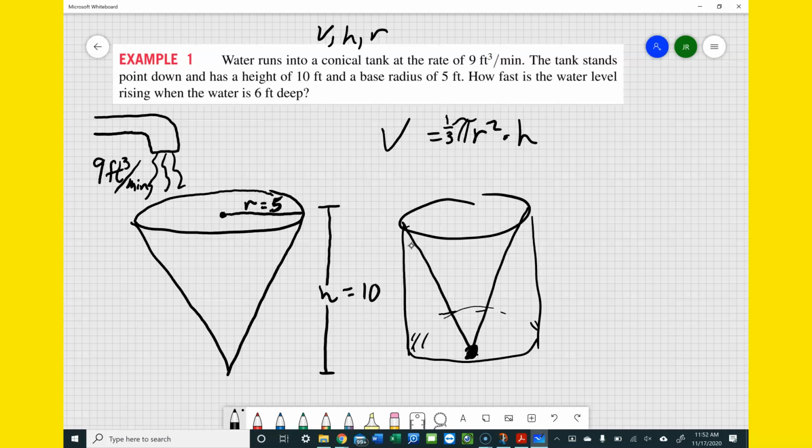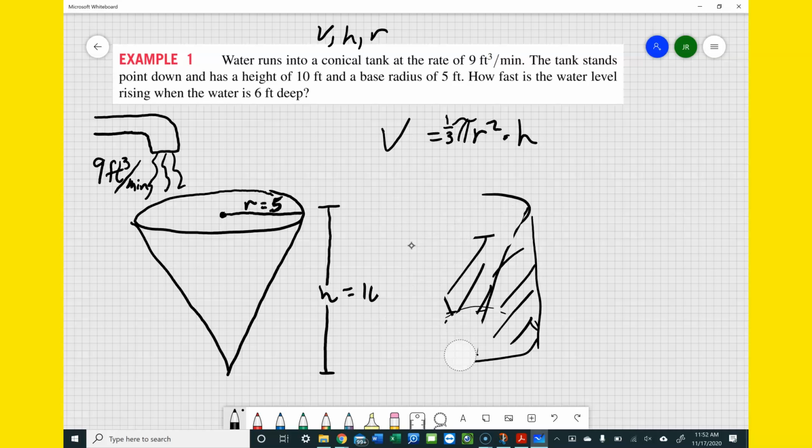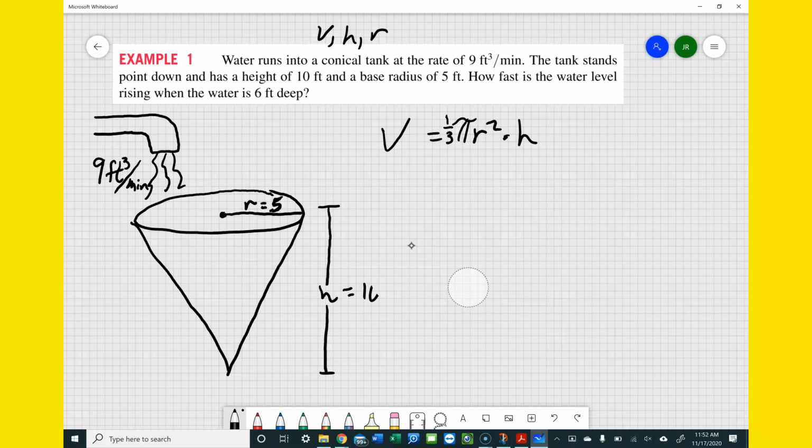You might could see that, like this, this is a third of that volume. Okay, so what we have, let me write it a little neater. Our equation that relates these things is V for that cone is equal to 1/3 pi r squared h.